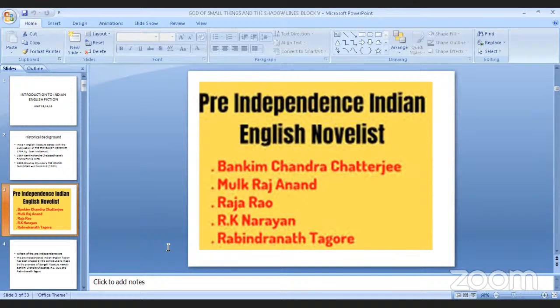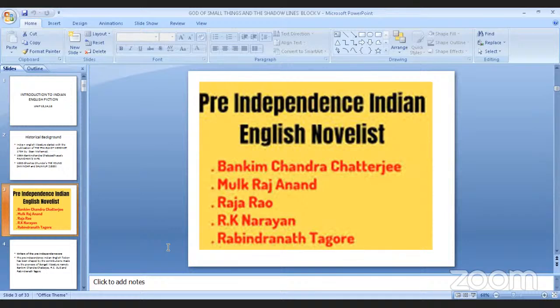The novel, a vital medium for the expression of the spirit of the age, can never grow and develop in isolation, as it is related with life and society. The Indian English novel of this period reveals the spirit of the age in an authentic manner. It has become a great literary force, a powerful medium for creating social and national awareness.